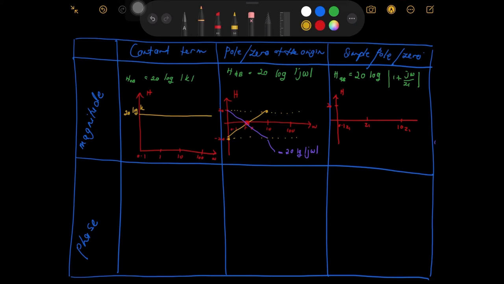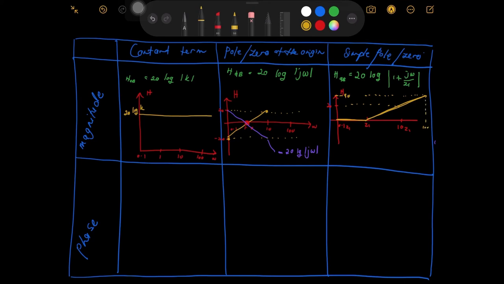The end is a factor of 10 of Z1, which is 10. Let's see how we plot it. Straight like that. You have to remember that you start your plot from 0.1 Z1 and end at 10 Z1.